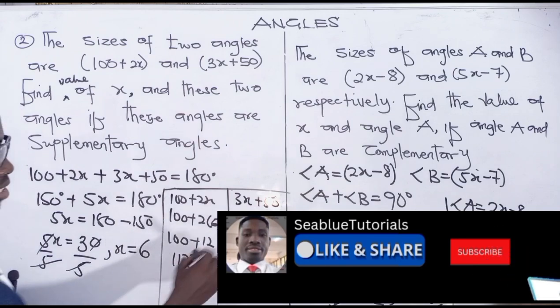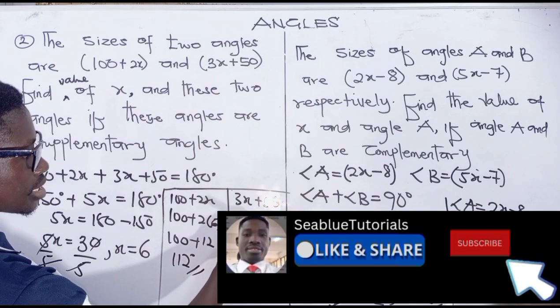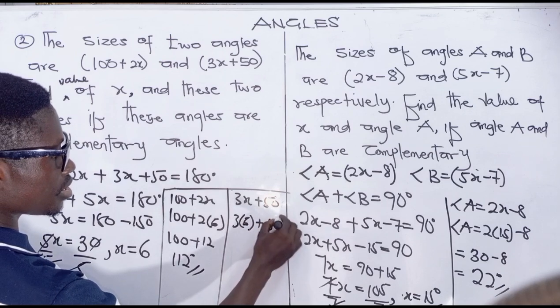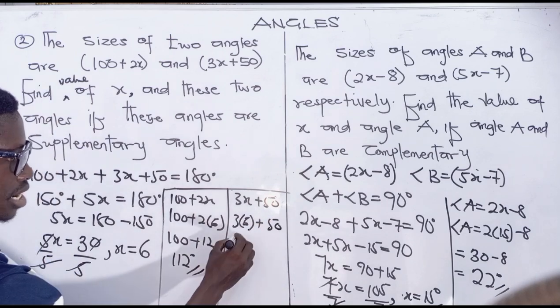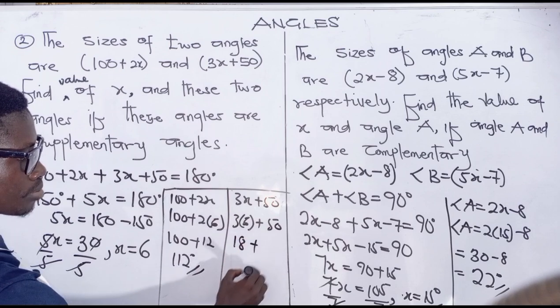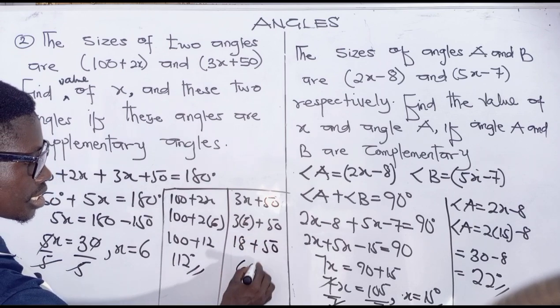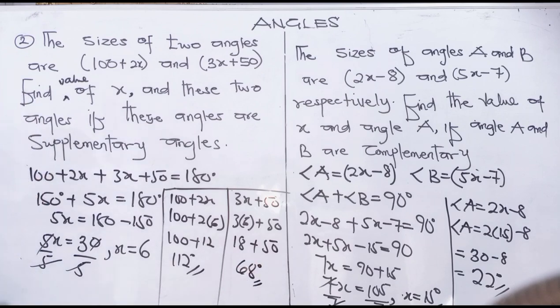Our x is equal to 6, so we have 3 times 6, which is 18, plus 50. This will give us 68 degrees. So the two angles are angle 112 degrees and angle 68 degrees.